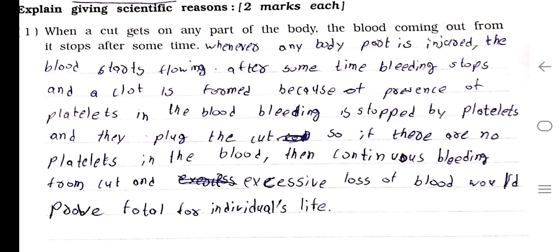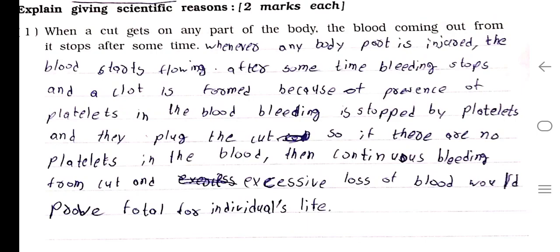Bleeding is stopped by platelets, which plug the cut. So if there were no platelets in the body, then continuous bleeding from a cut and excessive loss of blood would prove fatal for the individual's life.